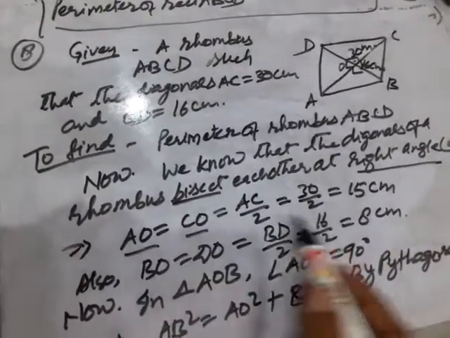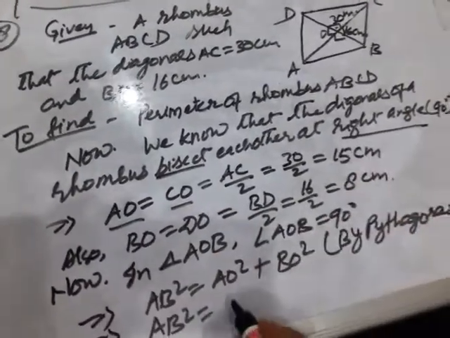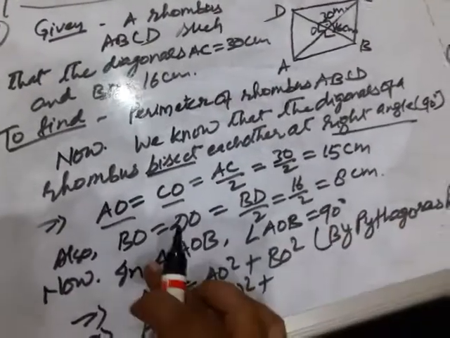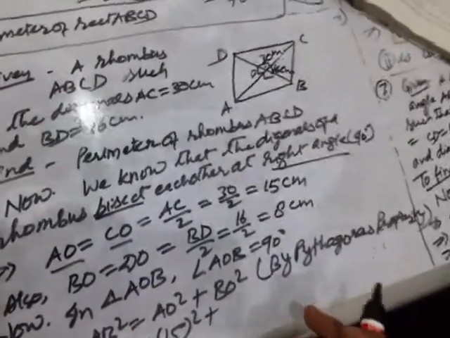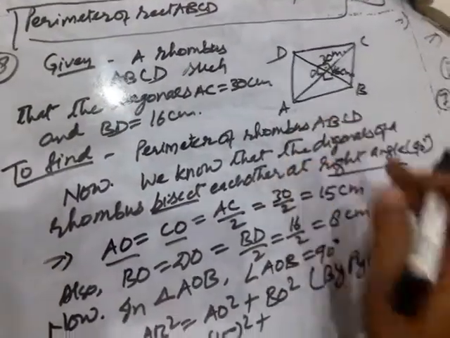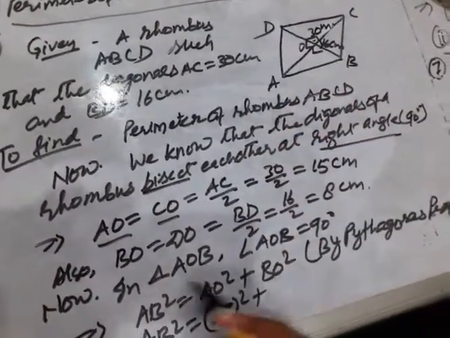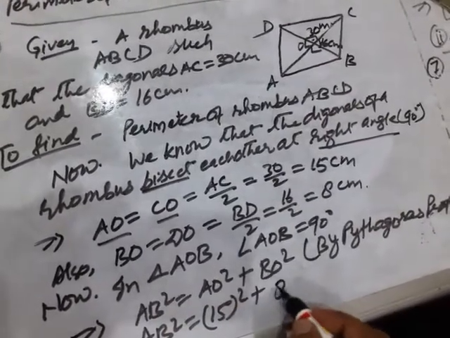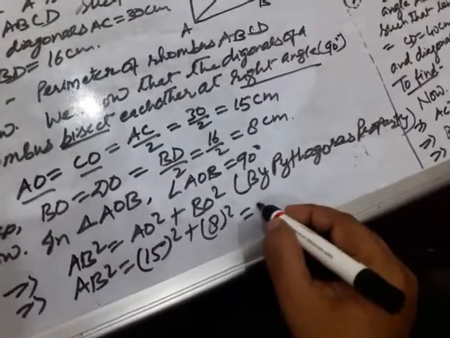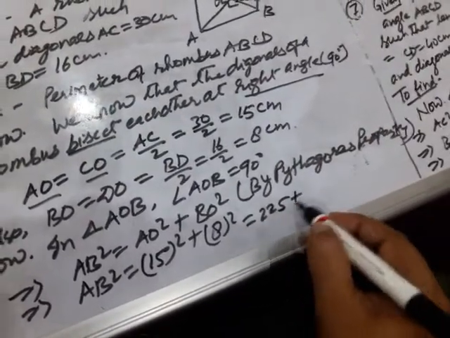Okay, children. Now this implies that AB square equal to AO square plus BO square. AO is given to be 15 centimeter, that is 15 square, plus BO is 8, and its square, 8 square.